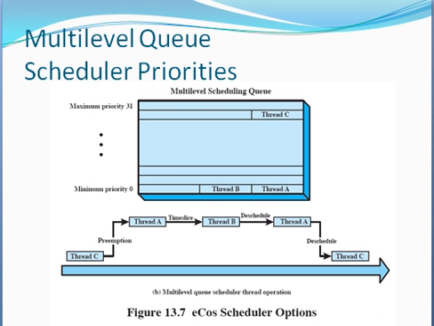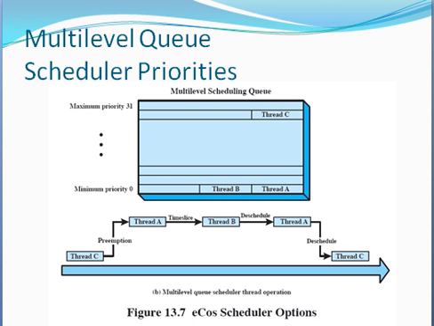When a thread is blocked, the scheduler must first determine if one or more threads at the same priority level as the blocked thread are ready. If so, the scheduler chooses the one at the front of the queue. Otherwise, the scheduler looks for the next highest priority level with one or more ready threads and dispatches one of these threads.